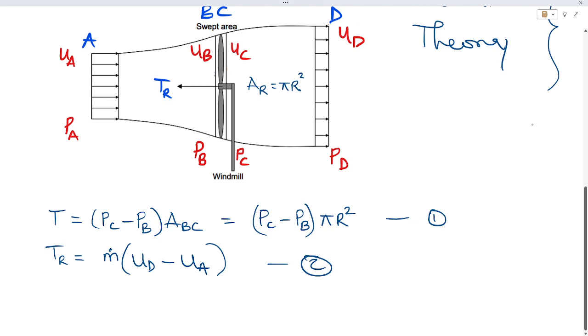So therefore, UB equals UC due to the thin section of the rotor disc, and which equals UA plus V1, where V1 equals the induced velocity. So as UB equals UC at the rotor, the equation equals UA plus V1. That's equation 3.